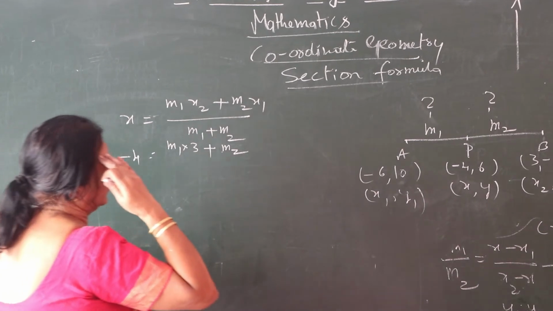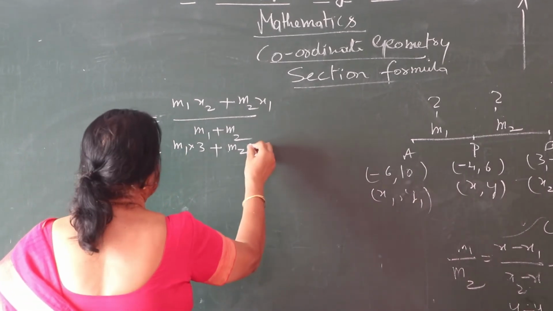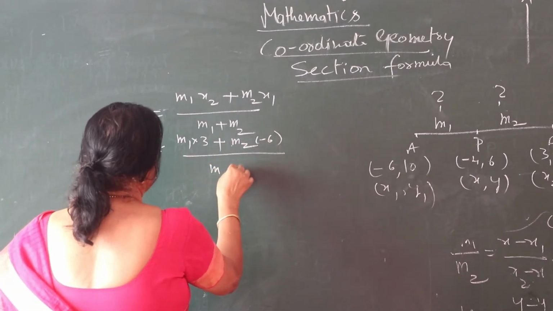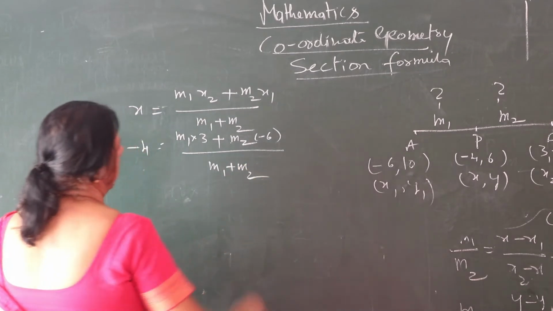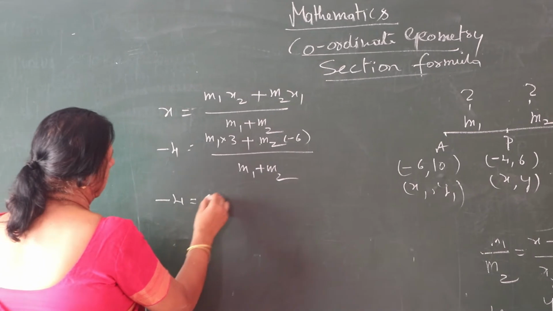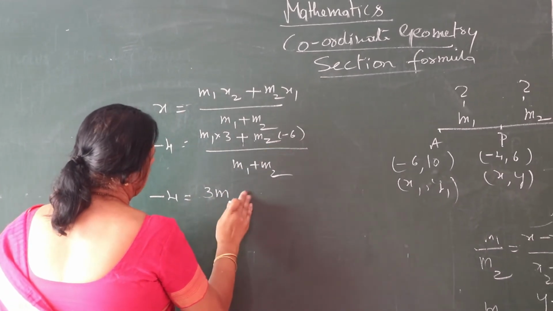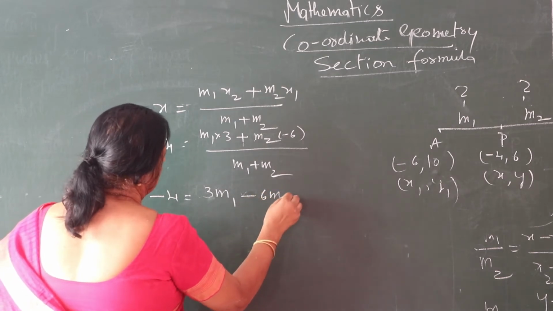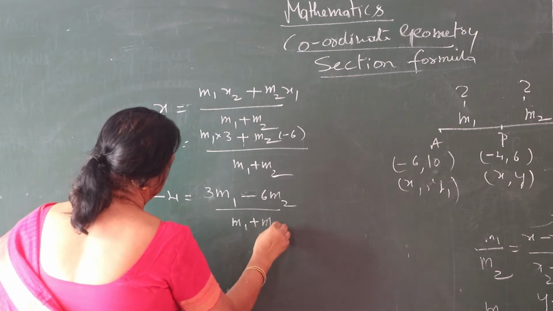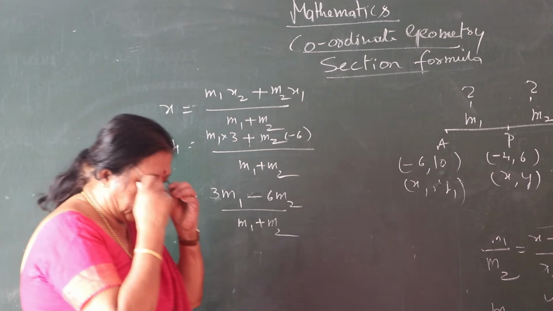What is x1? Minus 6, by m1 plus m2. Here minus 4 is equal to 3m1 plus minus 6 m2 by m1 plus m2. Correct, children?